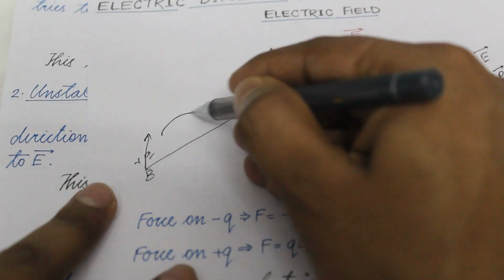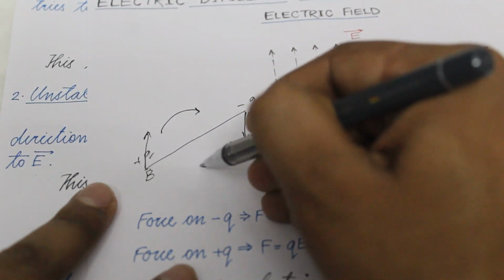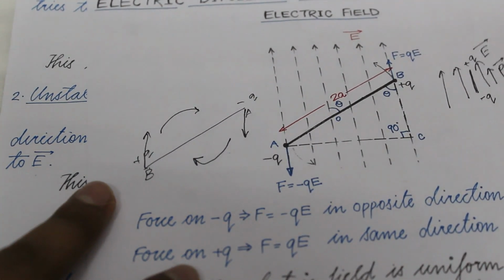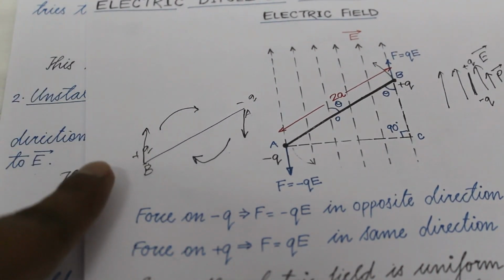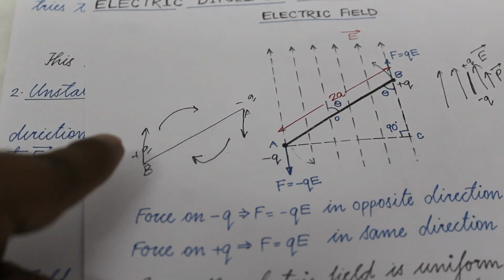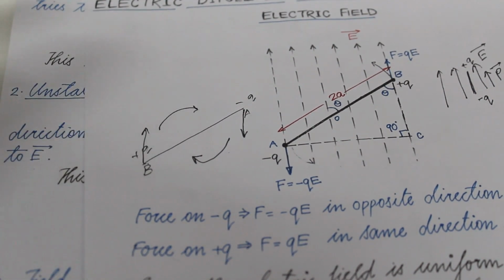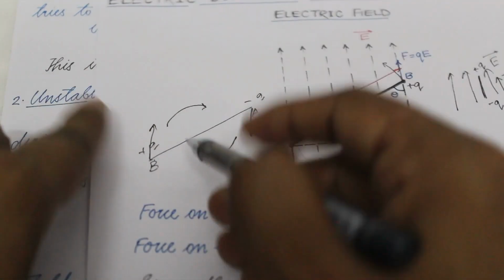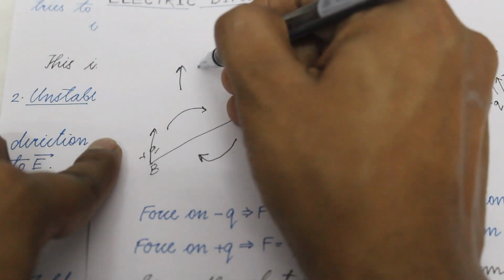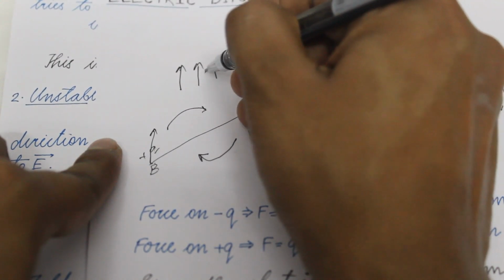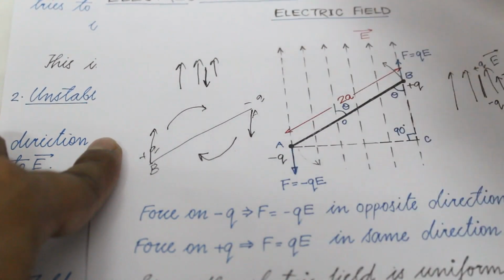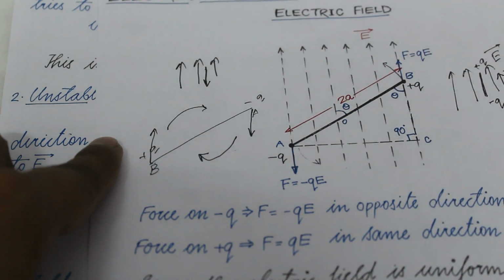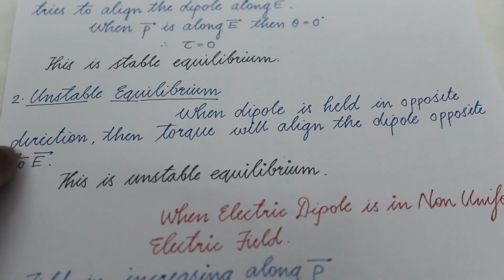In this case, the dipole will rotate in the clockwise direction and the alignment of its dipole moment and electric field will be opposite to each other. The electric field is in this direction and the dipole moment is now in this direction. It means the direction of electric field intensity and dipole moment are opposite to each other.